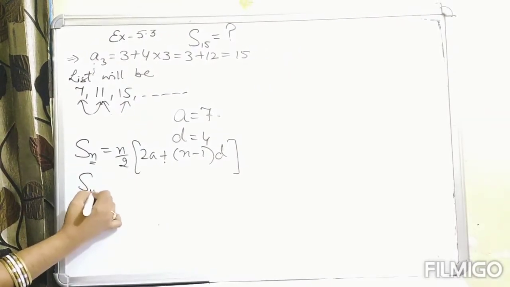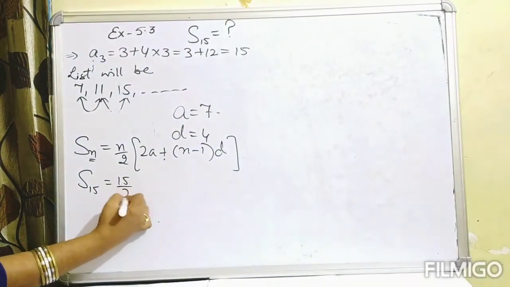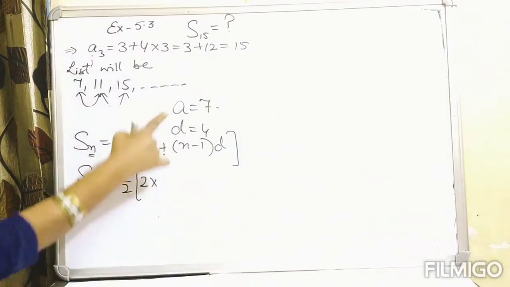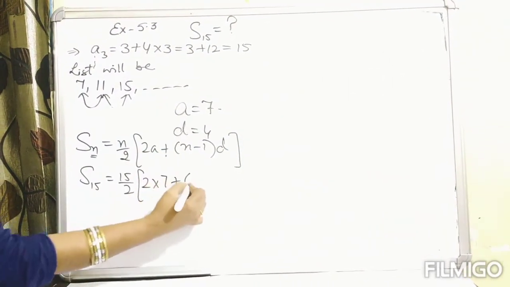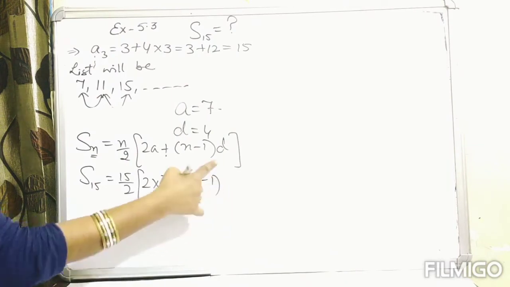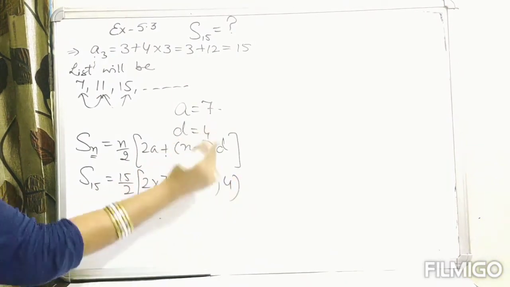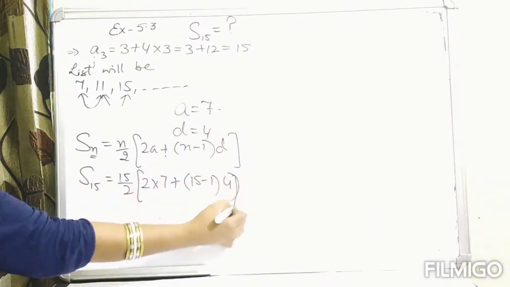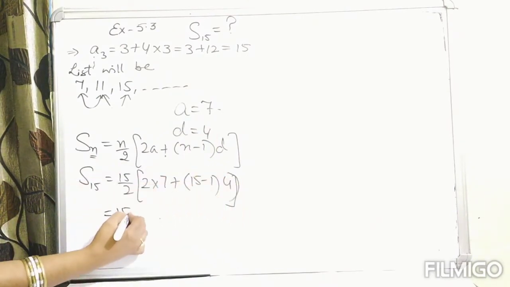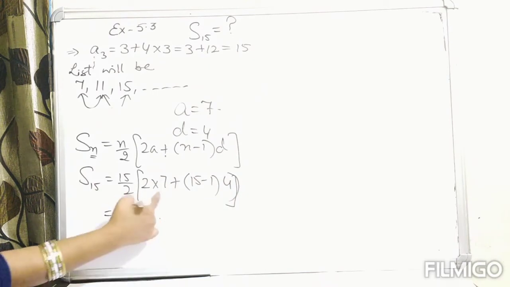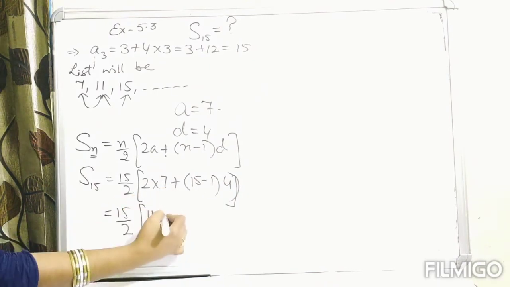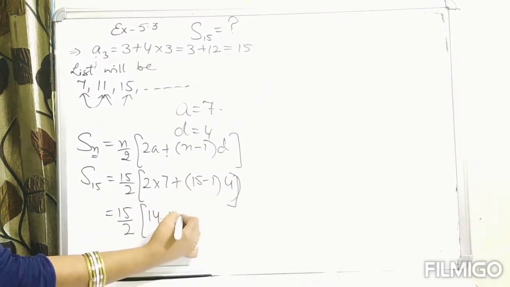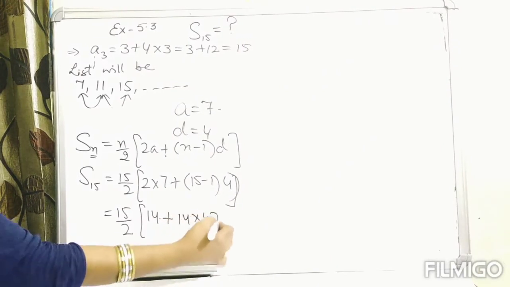So S15 will be equal to 15 by 2, 2a, a means 7, and 15 minus 1, d means 4, and from here we'll get the value of Sn. This will be equal to 15 by 2, 14 plus 14 fours. We'll do it in the next step.